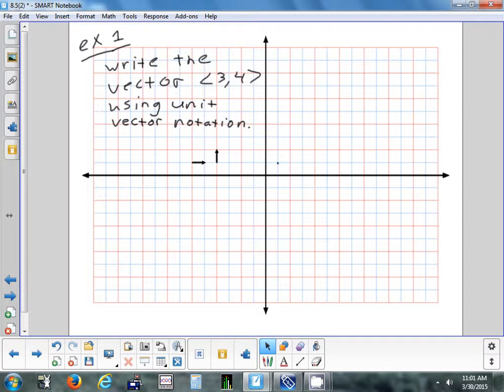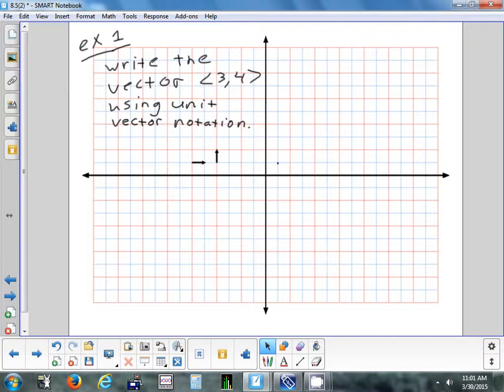So we have a horizontal component of 3. How many of the I's would I need to stack together so that I get a horizontal component of 3? Victoria? How many I's do I need to stack together to get a horizontal component of 3?